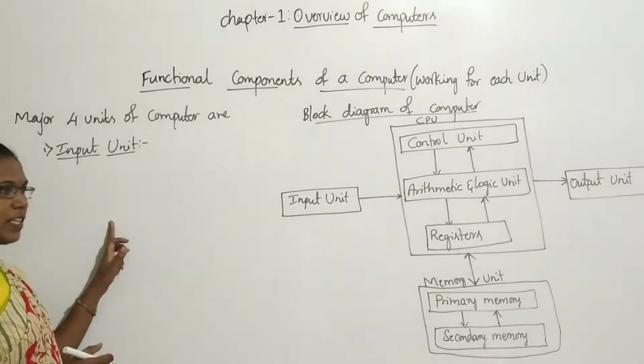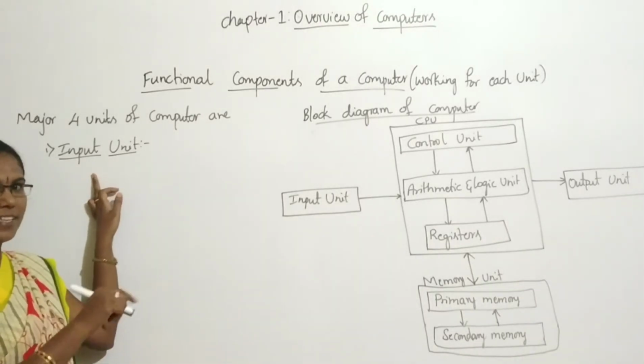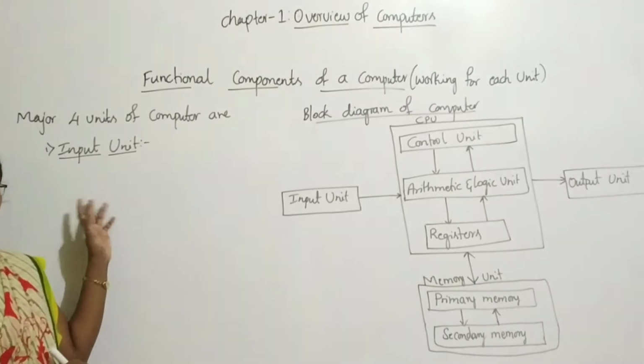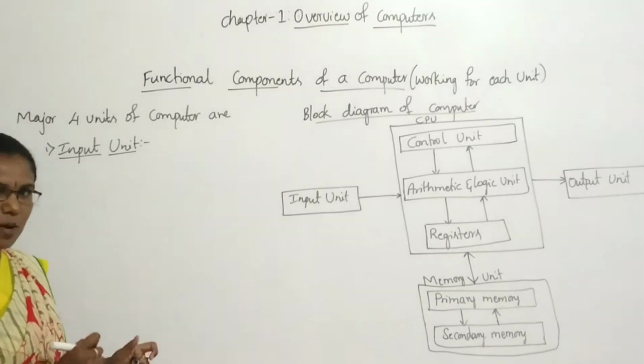The very first unit is the input unit. Students, I already explained in the bridge course what an input unit is and what input devices we use to give different types of data to the computer.